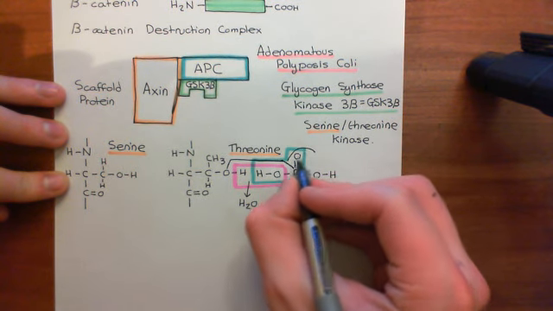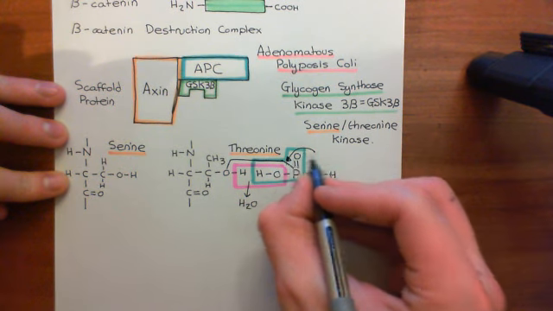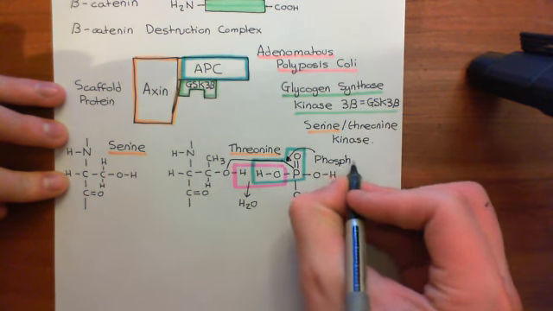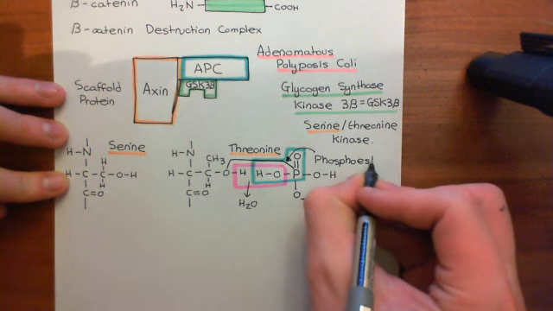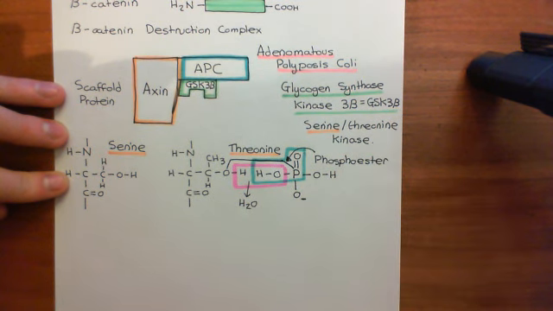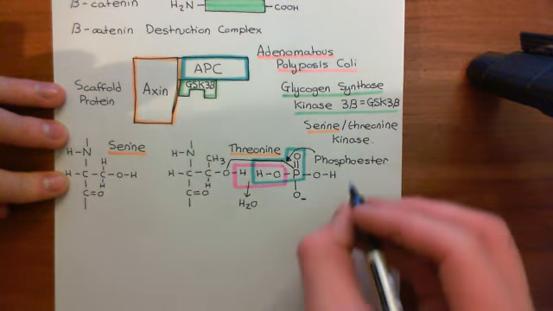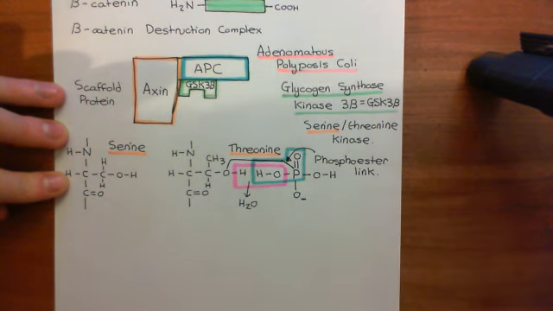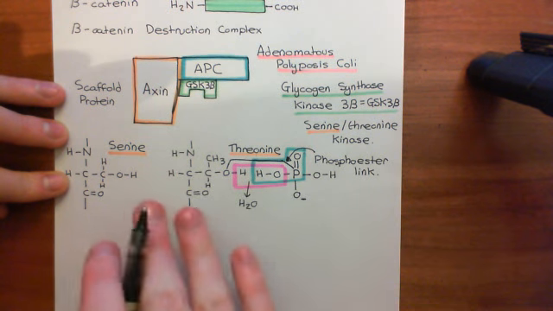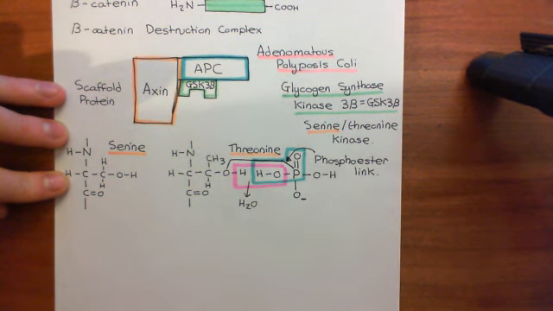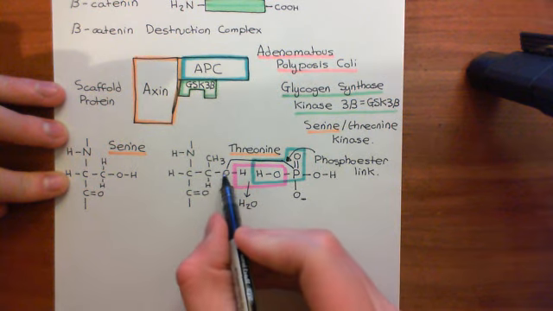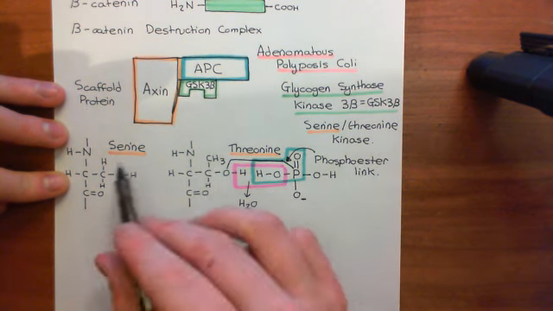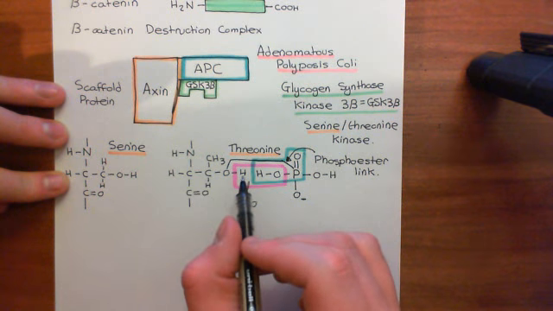And that link that we've created here is what's known as a phosphoester link, drawing the parallels between this kind of link and an ester link between a carboxylic acid group and an alcohol group. So this is a phosphoester link. That's what's going to happen when we phosphorylate serine and threonine residues. You're going to end up with phosphate groups attached via phosphoester links onto serine and threonine residues.